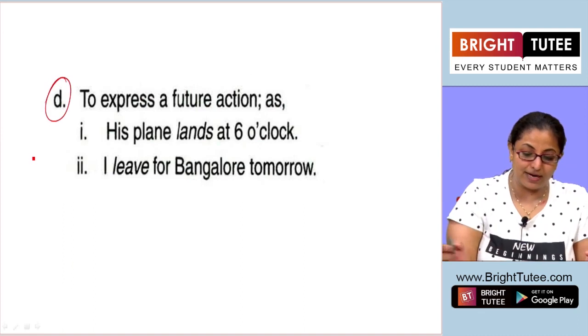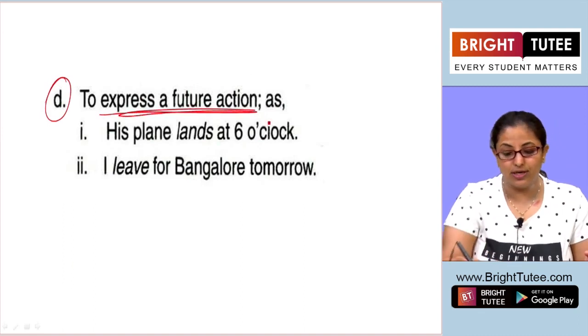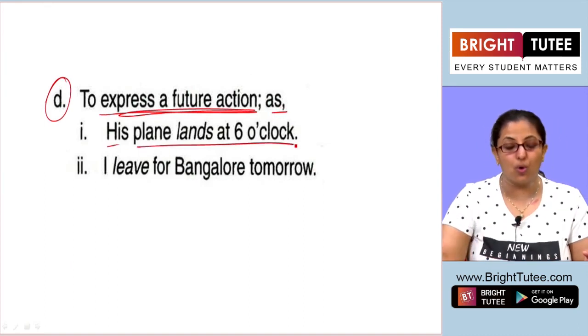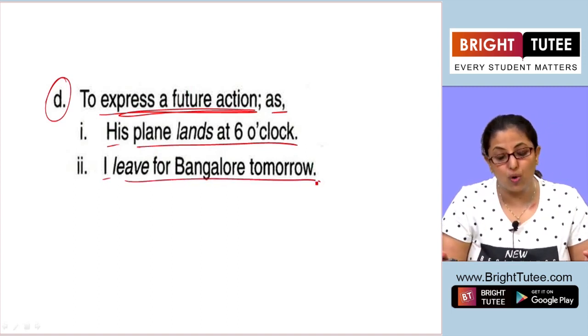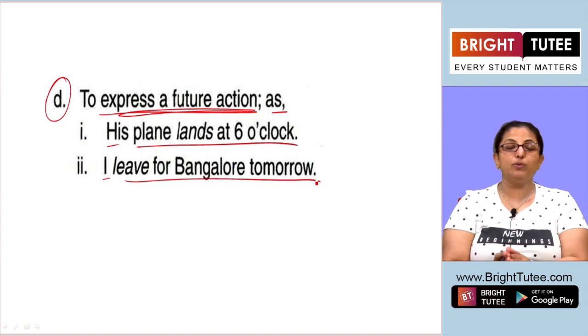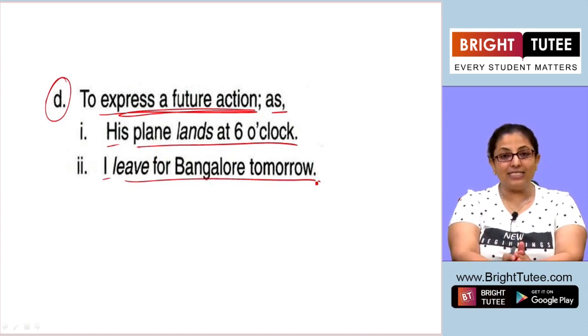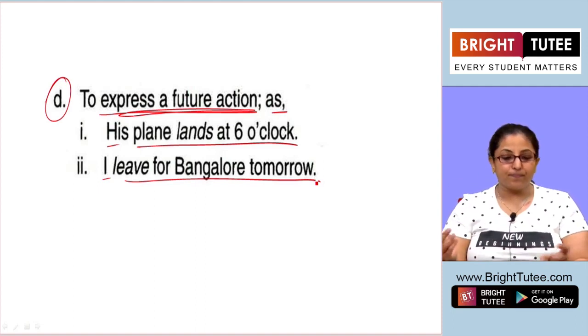And the last one is to express a future action, as in, his plane lands at 6 o'clock, or I leave for Bangalore tomorrow. Now don't get confused with the future tense. This is a simple present tense which expresses a future action.